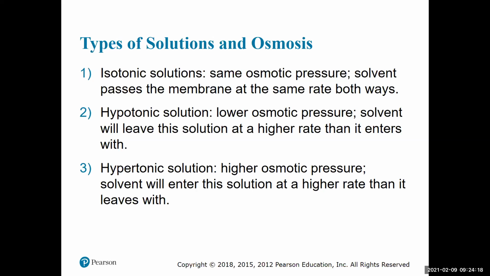Hypertonic means you have higher osmotic pressure, and so the solvent will enter the solution at a higher rate than it leaves it. So isotonic, hypotonic, and hypertonic are the ways we explain whether something's in equilibrium or if the solvent's moving out of or into our solution.